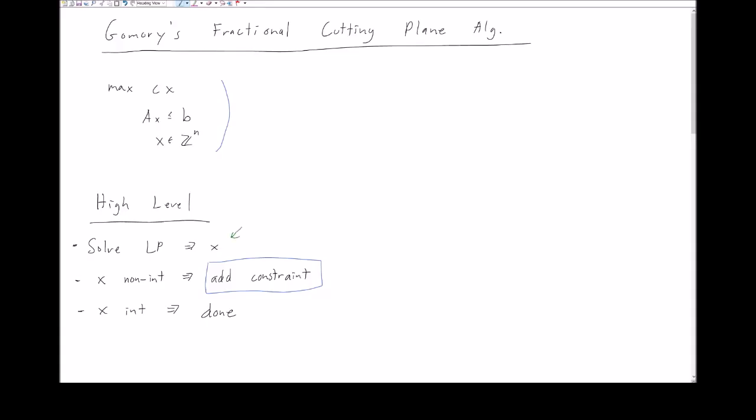If x is an integer solution, then we're done. The linear program solution is an integer solution. However, if x is not an integer, we're going to add a constraint. The constraint we're going to add is going to cut off the particular solution x, since it's not feasible, it's not integer. The way we're going to create this constraint is with Gomory's constraint generation technique.